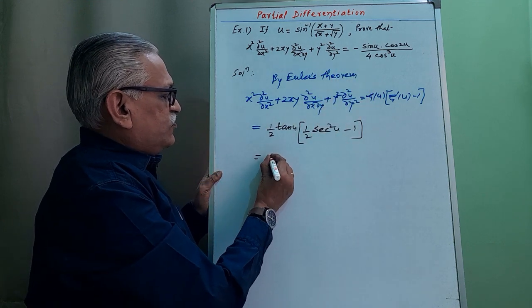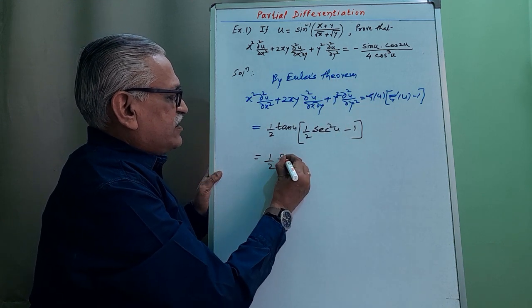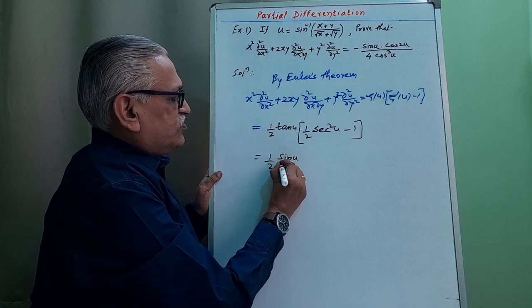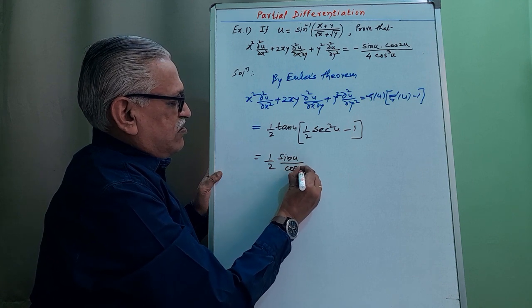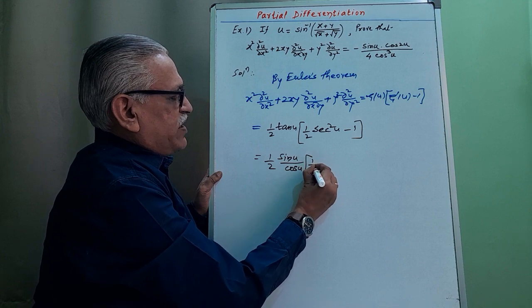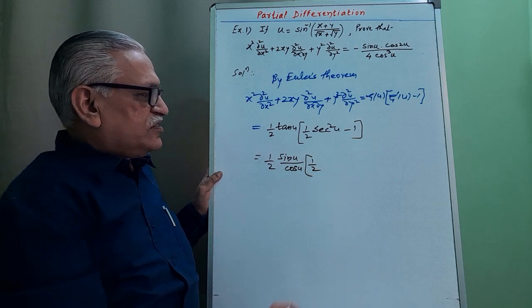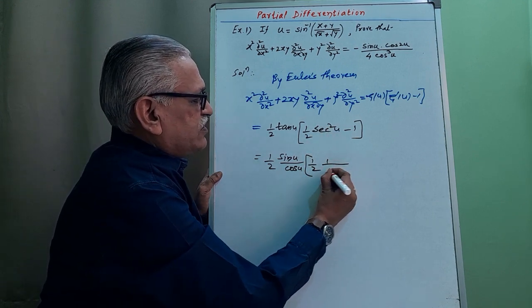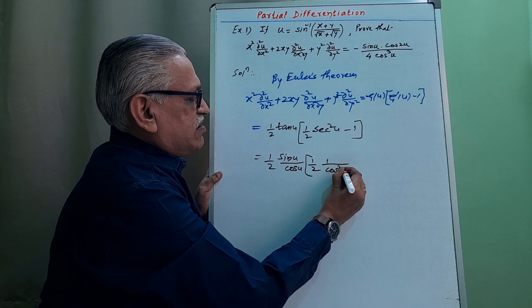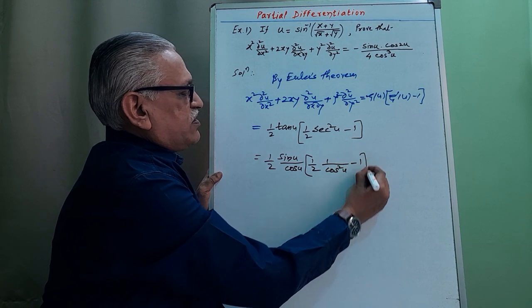For that, we rewrite tan as sine upon cos, 1 by 2, secant square is nothing but 1 by cos square, and minus 1.